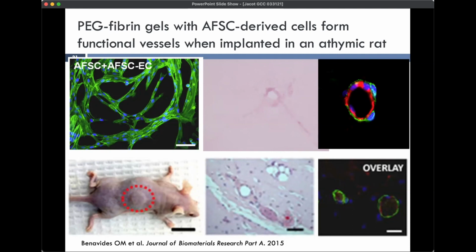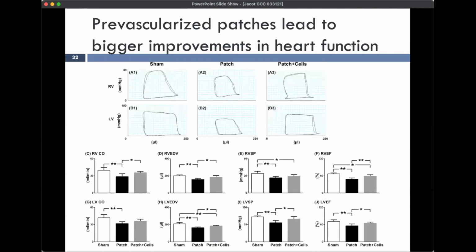So then we went on to looking at this in a pre-vascularized patch. So we take these PEG fibrin gels supported by polyurethane because we need something that really gives it strength, and again use it as a replacement for the top of the right ventricle free wall in this rat model.